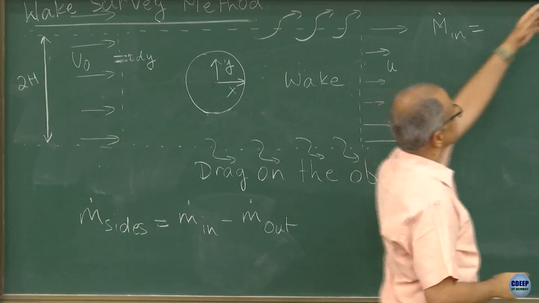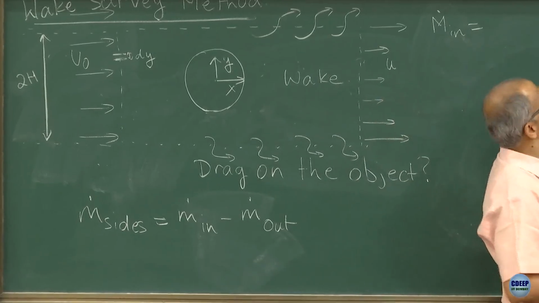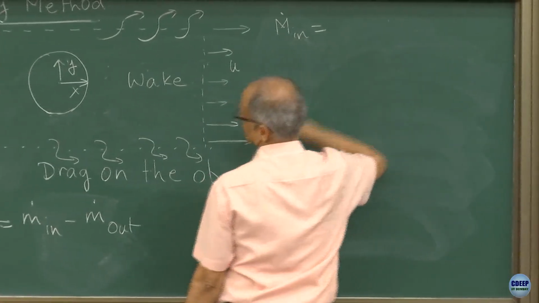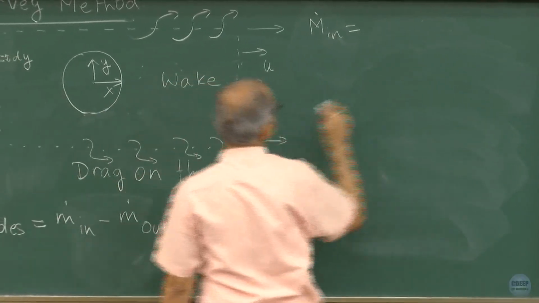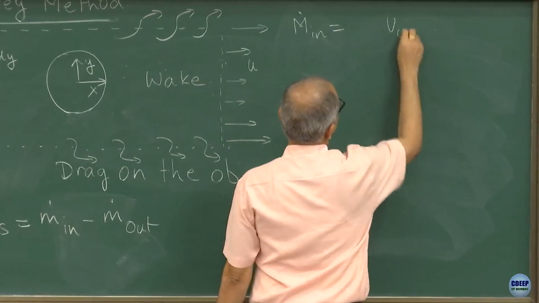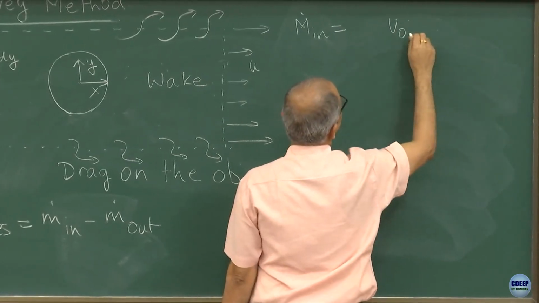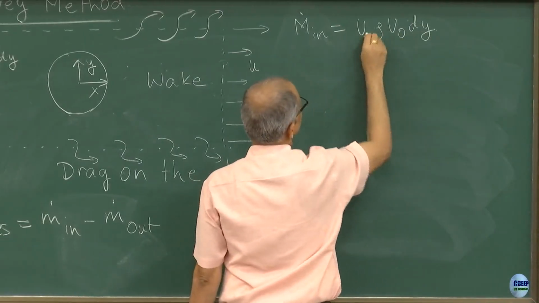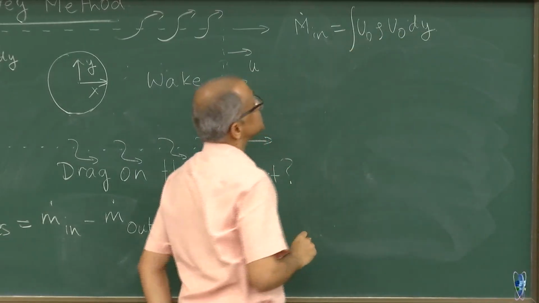I am going to find it from this term here, V dot dA into velocity into density. Here what is coming in is very straightforward, because everything is u naught: integral of u naught dy into rho into u naught.